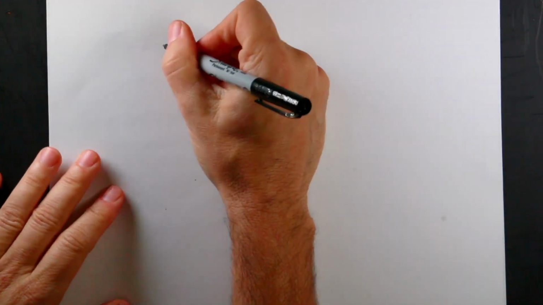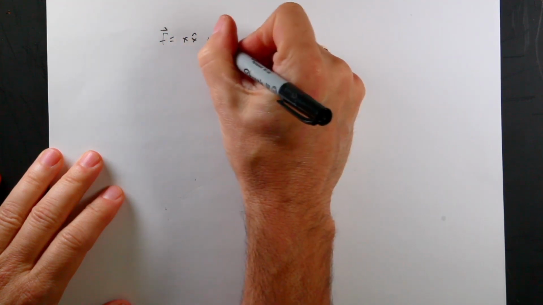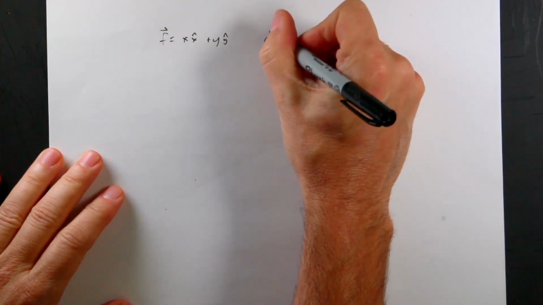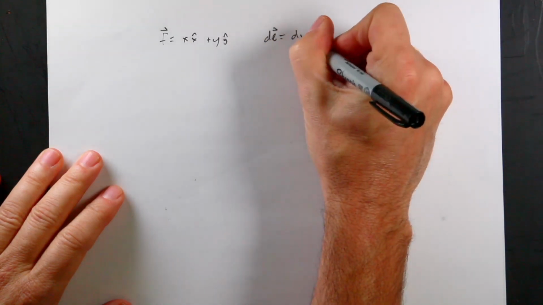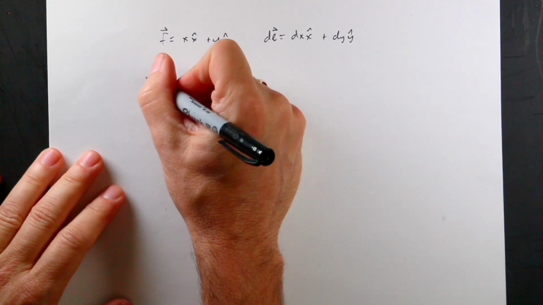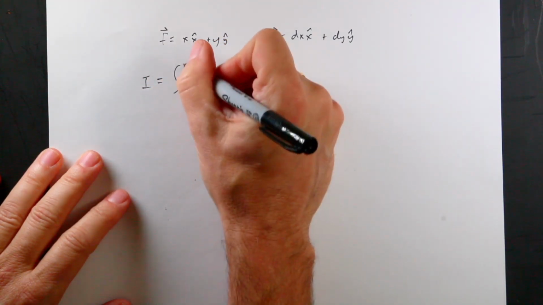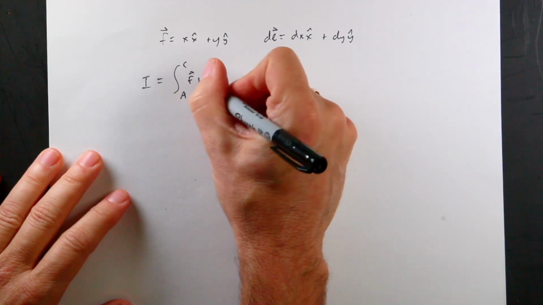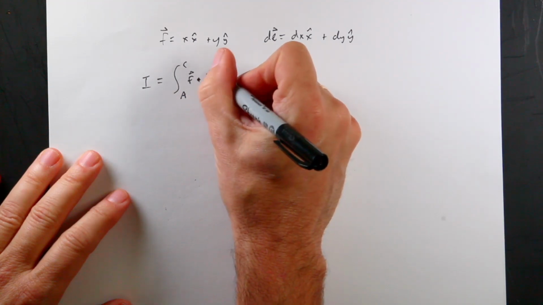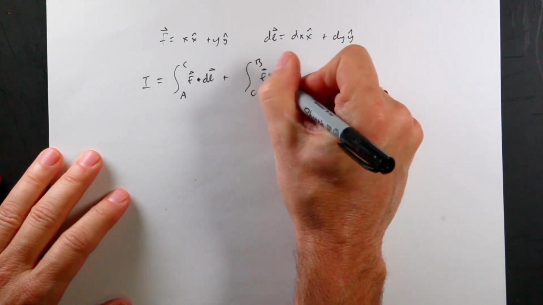Okay. So I still have F vector is x hat plus y hat. I still have the dl vector is dx x hat plus dy y hat. So I is going to be the integral from A to C of F dot dl plus C to B of F dot dl.